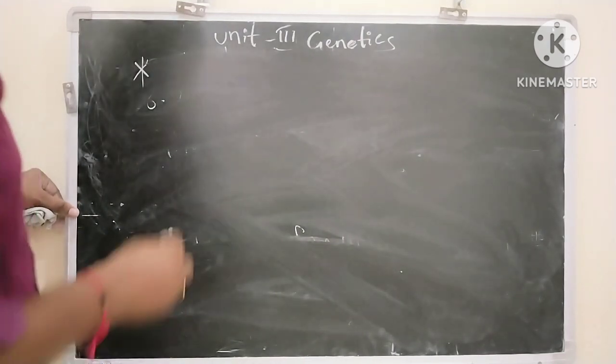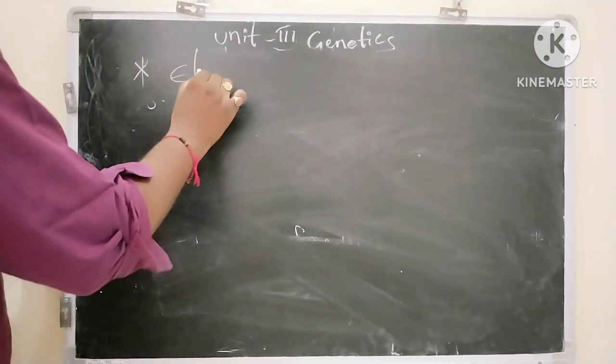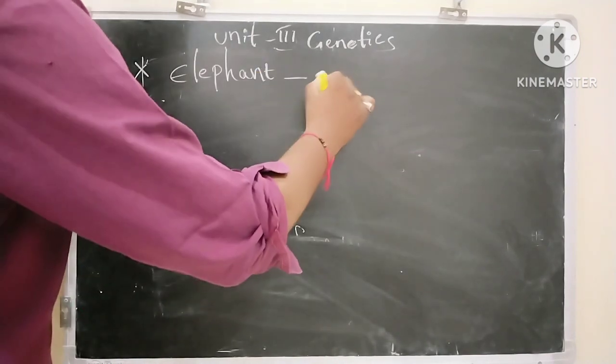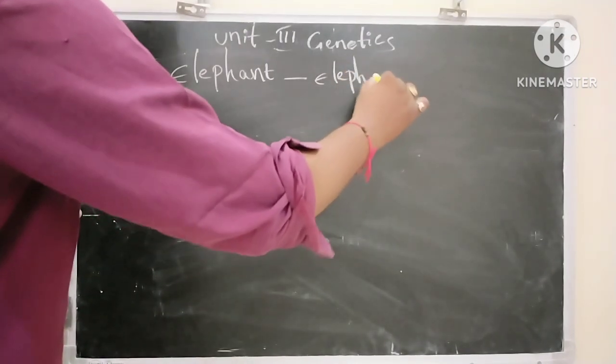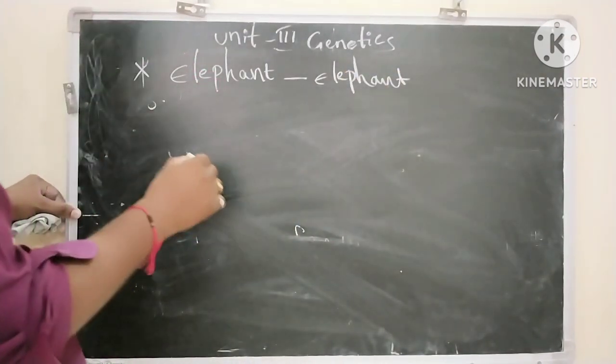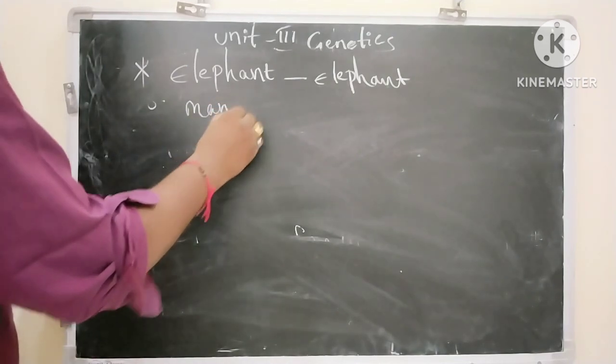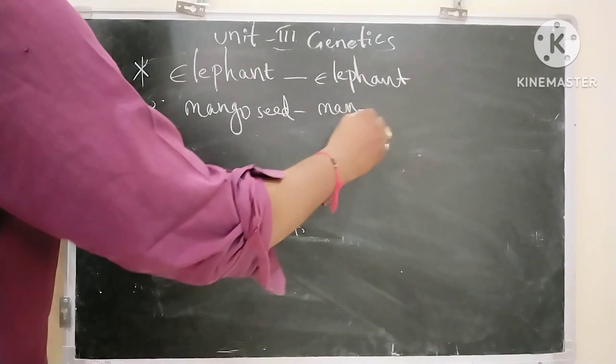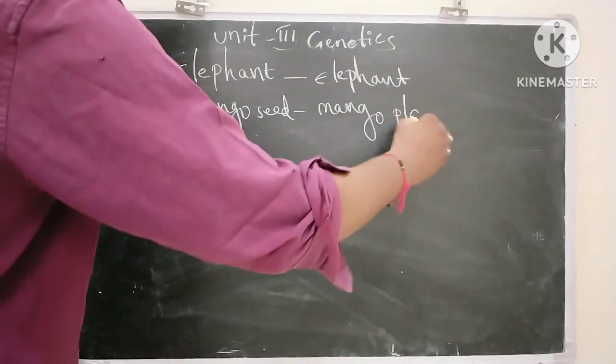See, a mother elephant gives birth to a baby elephant only, right? And whenever we sow a mango seed, a new mango plant will come from the mango seed, not any other plant.